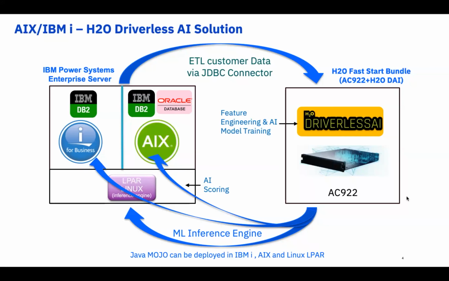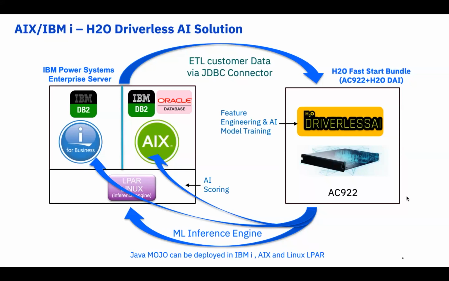To do that, I'm going to introduce H2O Driverless AI, a GPU-accelerated automatic machine learning solution that can help you easily build machine learning models from the Db2 or Oracle data you already have on AIX and IBM i.